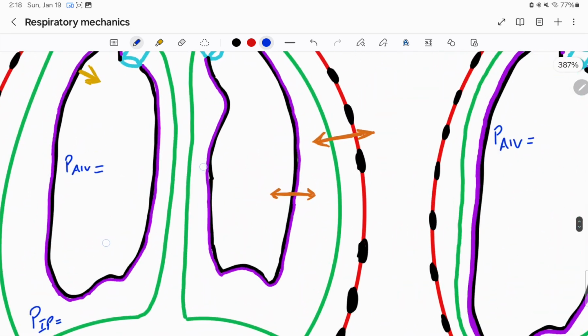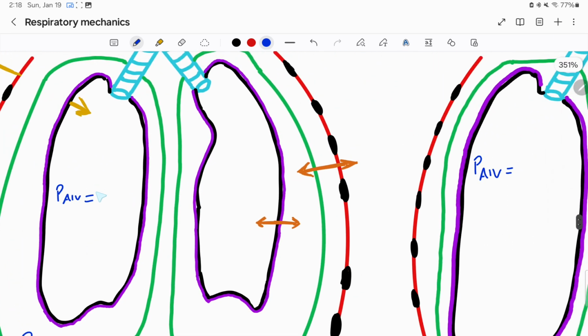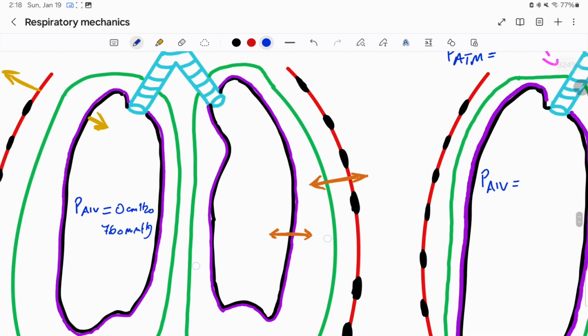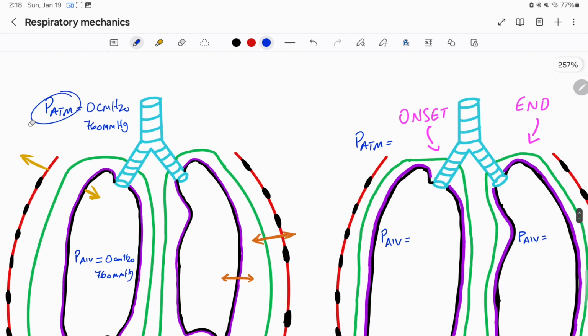What else? Also at rest, we have a pressure inside of the lung, but more specifically inside of the alveoli. Remember alveoli, the alveolar sac? There's a pressure there, okay? And at rest, that's also 0 centimeters of water, or again, you can write it as 760 millimeters of mercury. Now, a quick note about the atmospheric pressure.